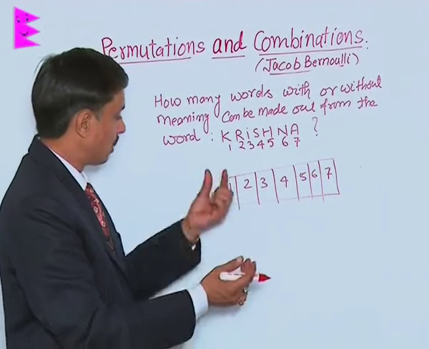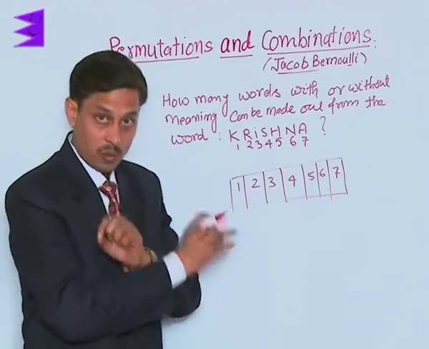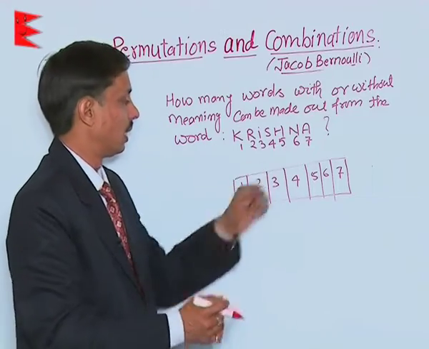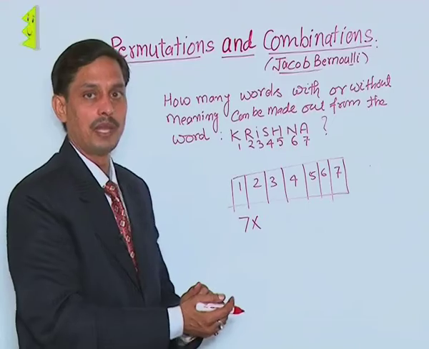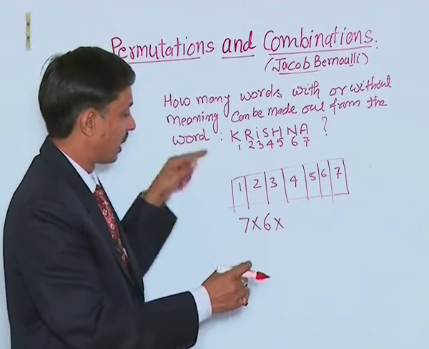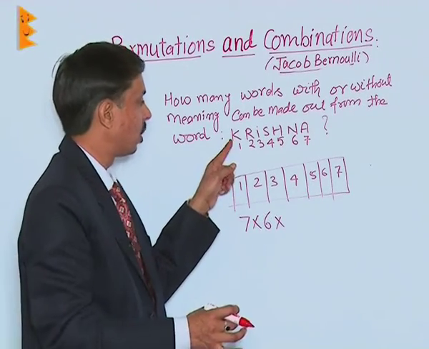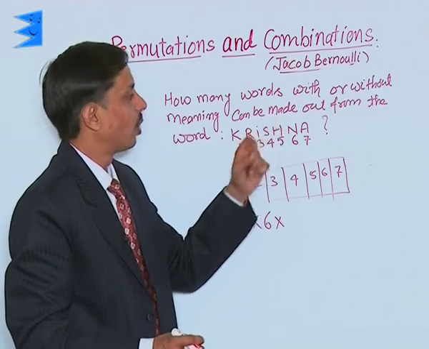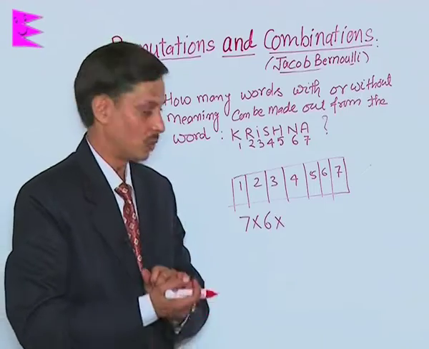In how many ways can the first position be filled? Out of 7, firstly I have the choice to opt any of the letters, that is in 7 ways. Because I have not used any letter yet, I have 7 choices: any of K, R, I, S, H, N or A. Out of these 7, any one letter can be used.